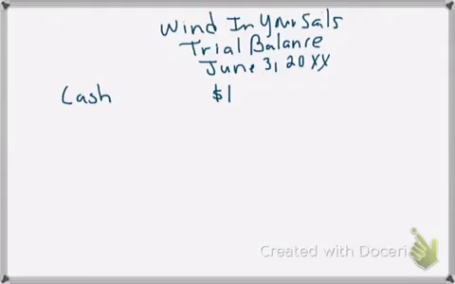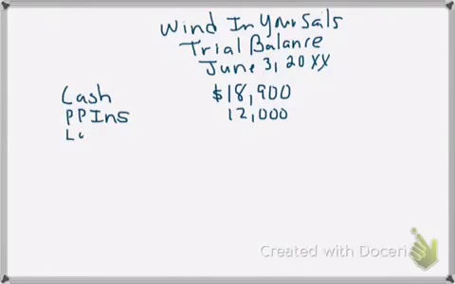I always start with the dollar sign, so I'm going to have $18,900 to actually start this one. The next entry that I have is prepaid insurance. So I would have prepaid insurance for $12,000. Then I would go down to the next page and I have land. And the land is at $37,000.